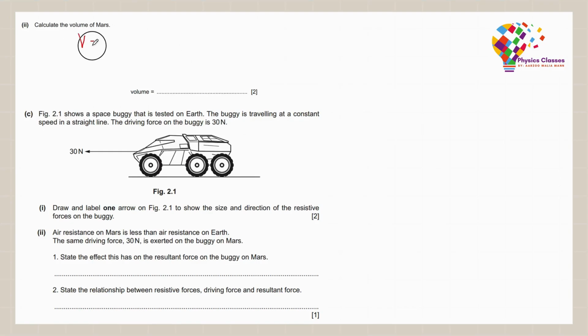Further, we have to find out the volume of Mars. Over here in the question, they gave us the mass and density, so we can calculate the volume by using the formula. Volume would be equal to the mass divided by density. It's just a rearrangement of the density equation. So over here, the mass has been given as 6.4 into 10 to the power 23 kgs.